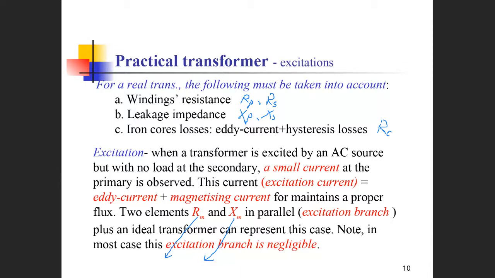XM secondary. That's the difference. If referred to the primary, it keeps the primary values. Referred to the secondary, but if you are still using the RC that is referred to the primary, then in the secondary it should be like this.